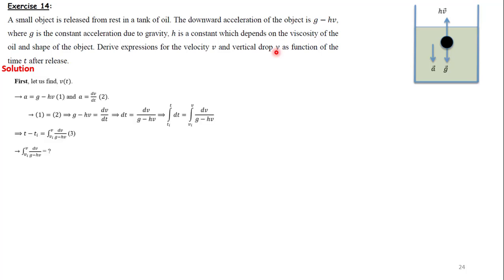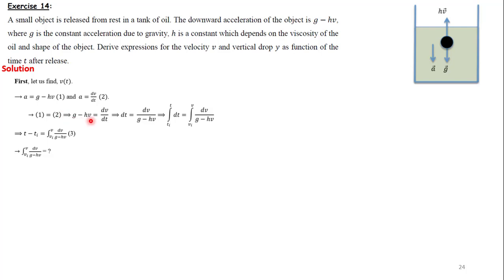Okay, so let's start. We'll start with the definition of a. a is equal to dv over dt, but a is also at the same time equal to g minus hv. This is given. So we make 1 equal 2. 2 is the definition of a, and 1 is the expression of the acceleration in this exercise.